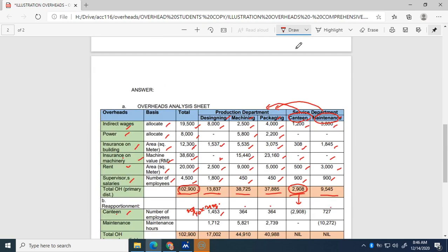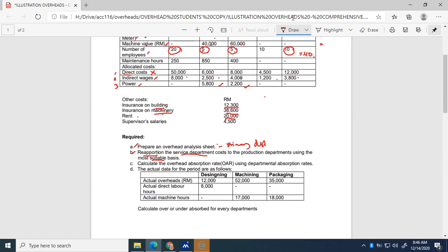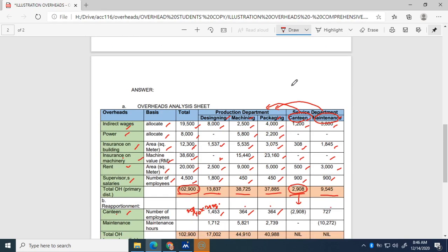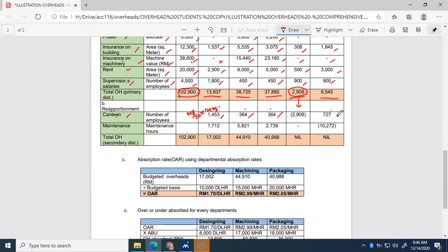Okay, 5 over 40 times 2,908, you get 364. Okay, this is also 5 over 40 times 2,908, 364. And the last one for maintenance is 10 over 40 times 2,908, you will get 727. So finish reapportionment from canteen.